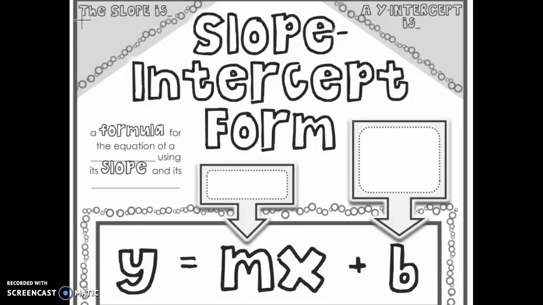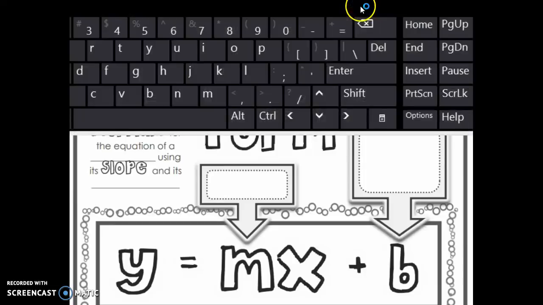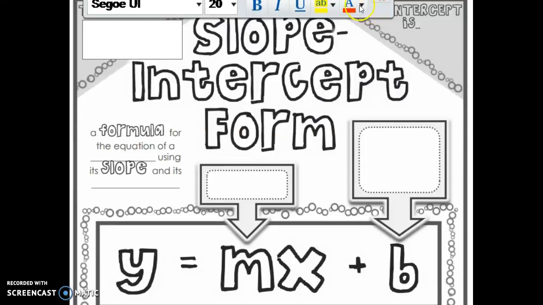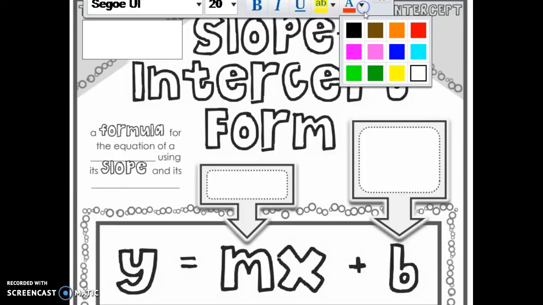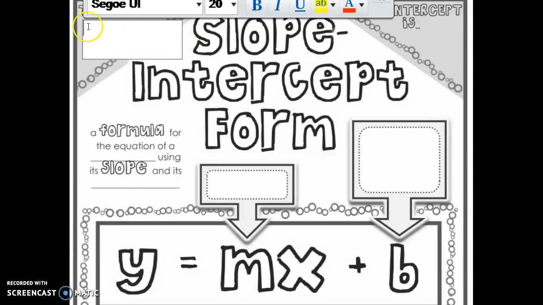Just as a reminder to review, the slope is, and I'll make it red so you can see it, the rate of change, and I'll put in parentheses, rise over run.